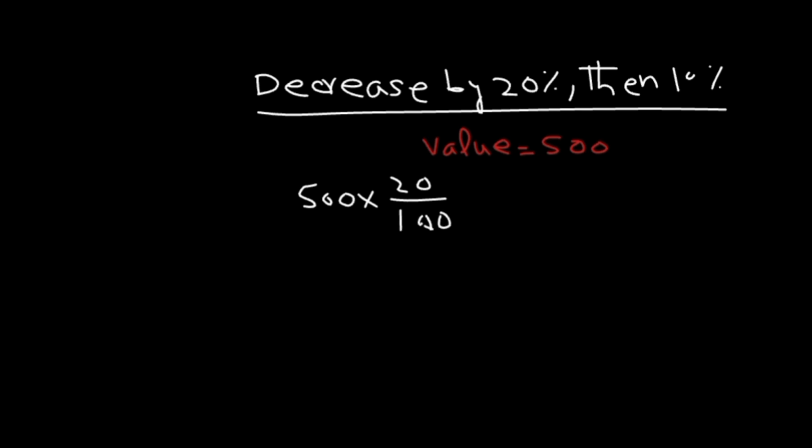We cancel two zeros by two zeros, then it is equal to 100. 5 times 20 is equal to 100. Now new value is 500 minus 100, that is equal to 400.